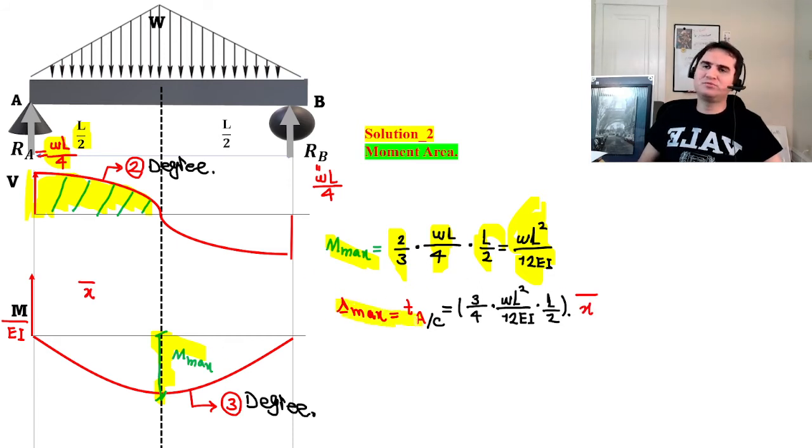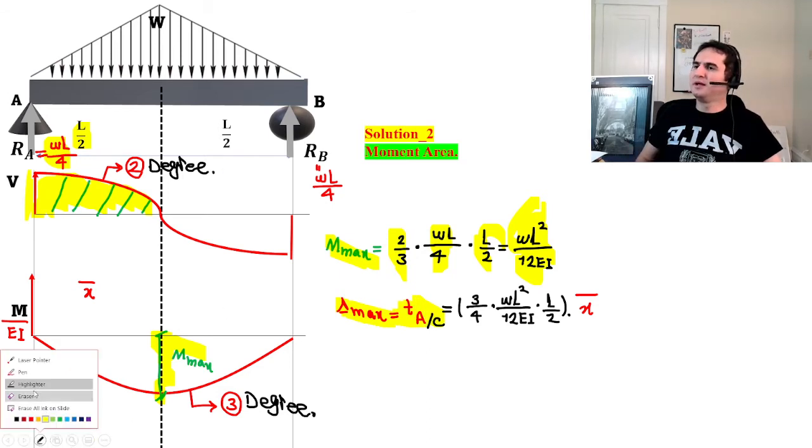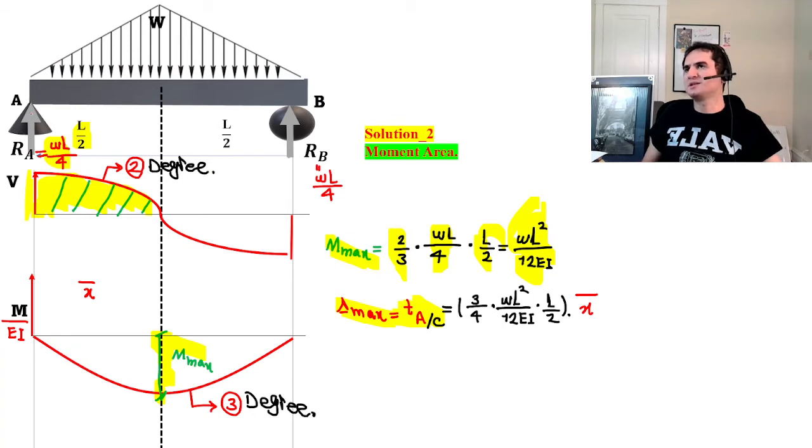And delta maximum, based on the second moment area theorem, if this is the deflected beam, as you can simply see here, that's delta max.